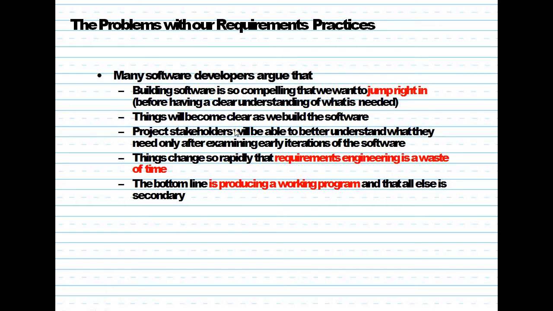Project stakeholders will be able to better understand what they need only after examining early iterations of the software. Next, things become clear rapidly, so requirement engineering is a waste of time. So the bottom line is producing a working program, and all else is secondary.